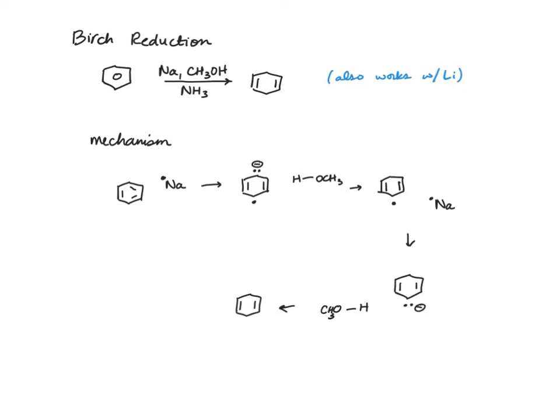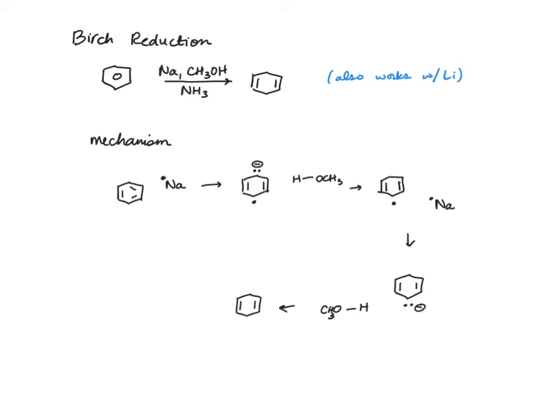The next reaction we're going to cover is the Birch reduction, and in this reaction we're reducing benzene using sodium in the solvent methanol and in the solvent liquid ammonia to get cyclohexadiene.